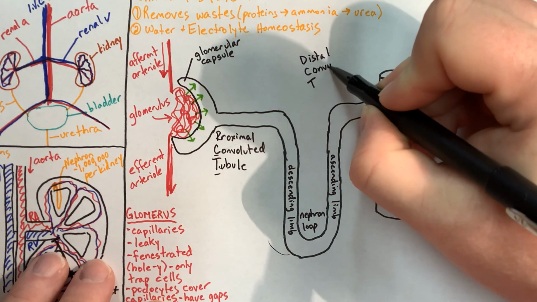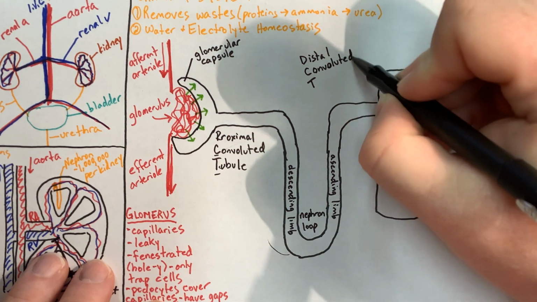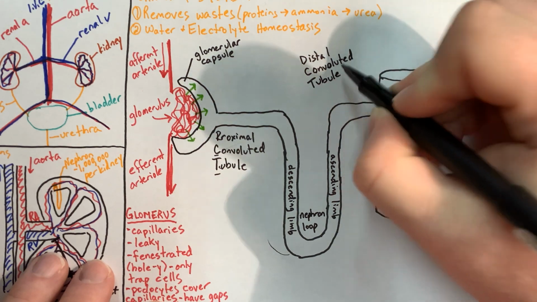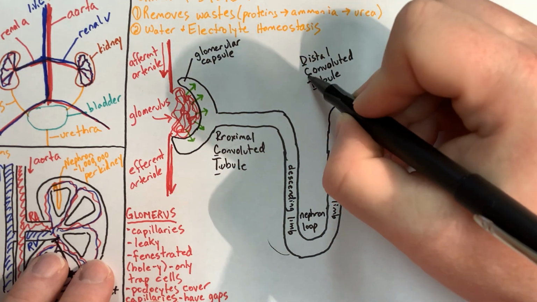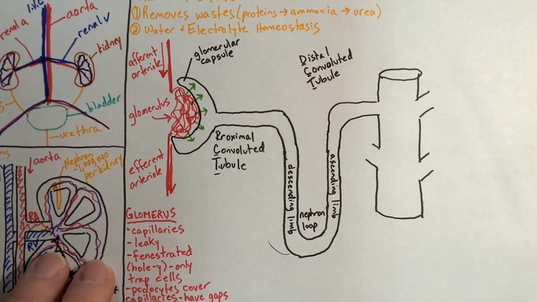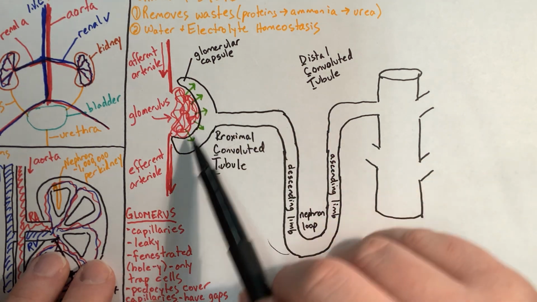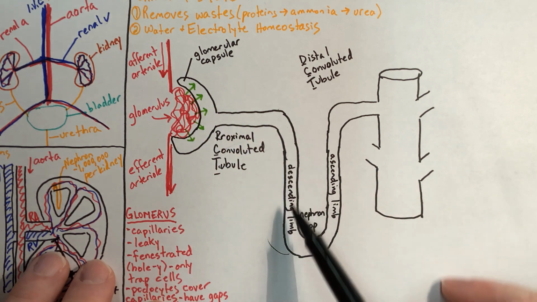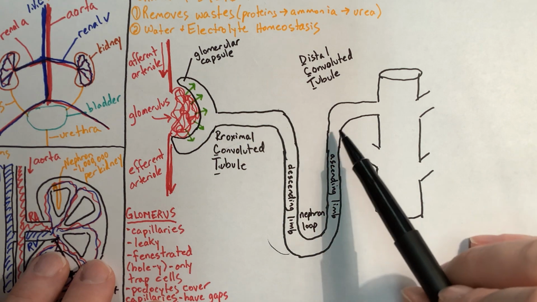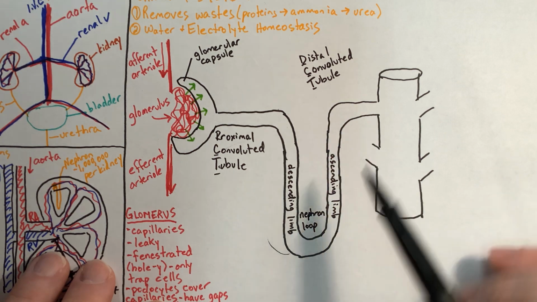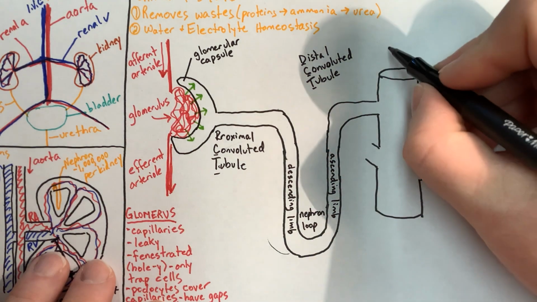Convoluted, because it's all twisted up. Tubule, because it's a little tube. DCT, distal convoluted tubule. And then all of this stuff moves. So glomerular capsule, PCT, descending nephron loop, ascending nephron loop, DCT right here, and then finally into the collecting duct.